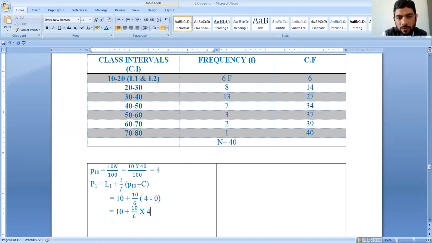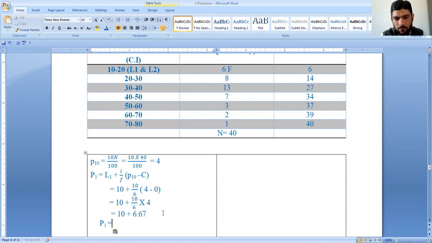Dividing 40 by 6, it will be 6.67. 10 plus 6.67 will be P10, which is equal to 16.67.